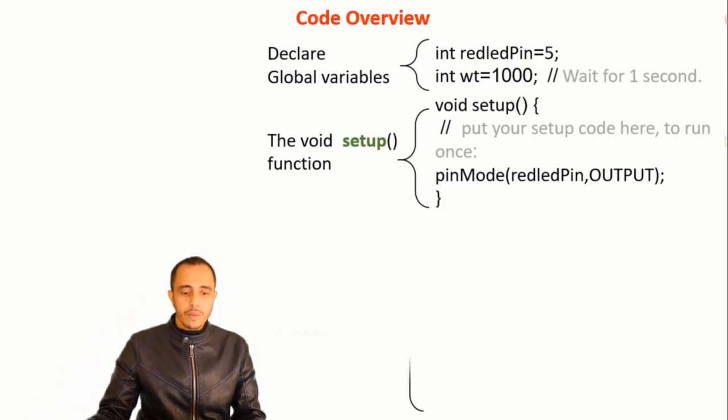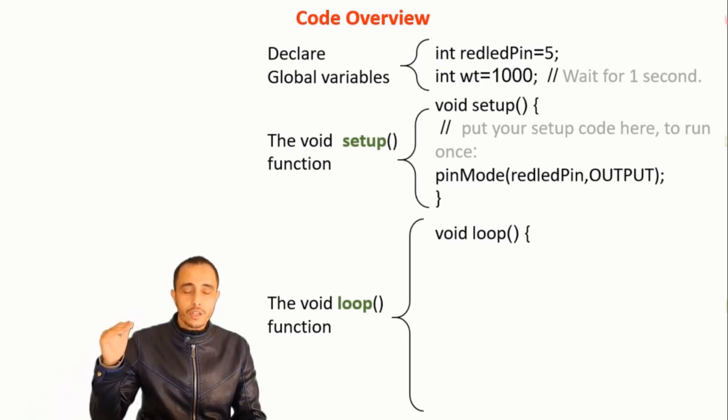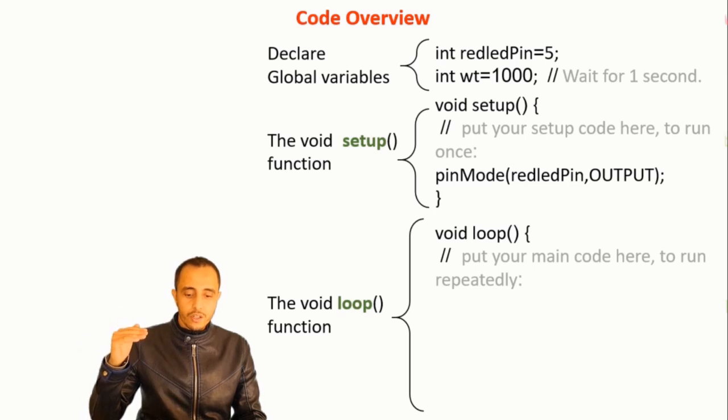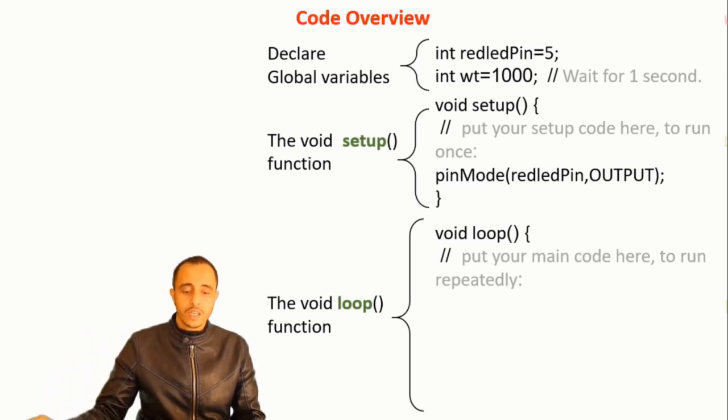The third major part here is the void loop function, and begin with the curly braces. Everything in this while loop is going to be repeatedly executed. It means executed again and again and again, like what we are going to see in the red LED.